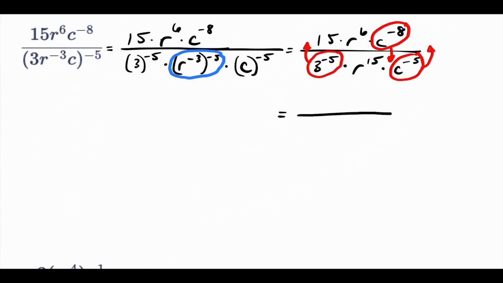So on top now, I'm going to have 15 times r to the 6th, and then the c to the 5th is going to move up because I had a negative and it was on the bottom. Oh, sorry, I forgot one too. The 3 to the negative 5 becomes 3 to the 5th power.